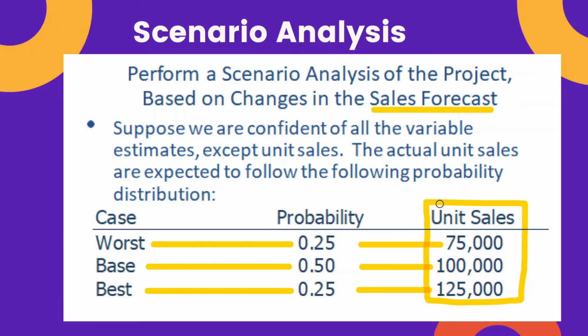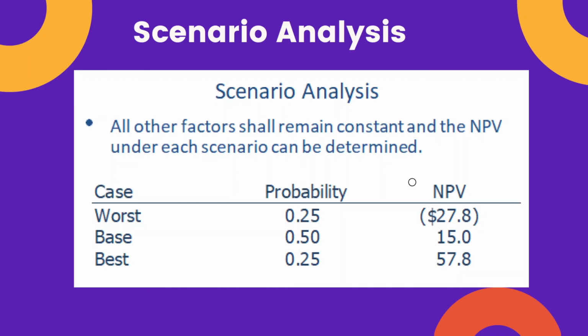Given the unit sales, we repeat the calculations of relevant cash flows. Then we can calculate net present value under each scenario. And we see that each scenario has an associated probability. We can find the expected value by multiplying probabilities by the net present value under each scenario.